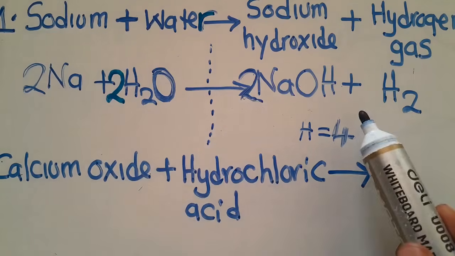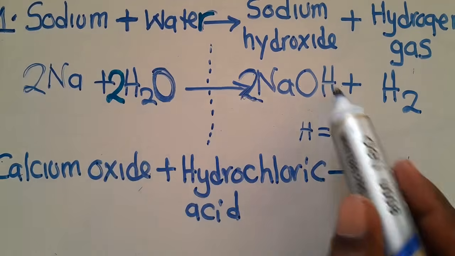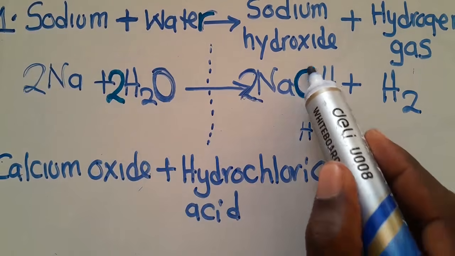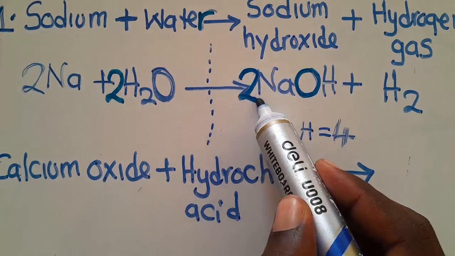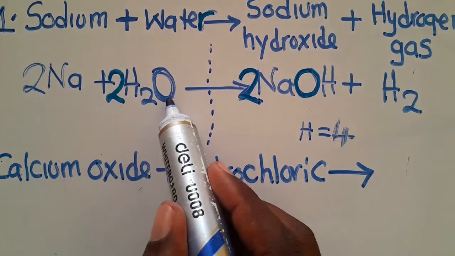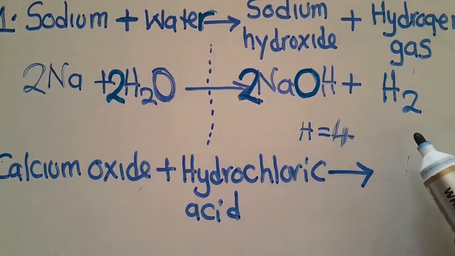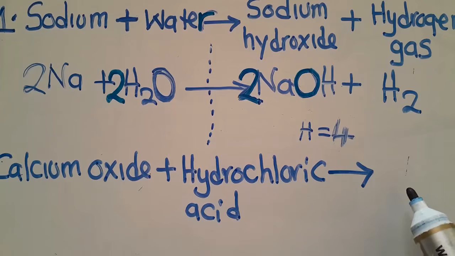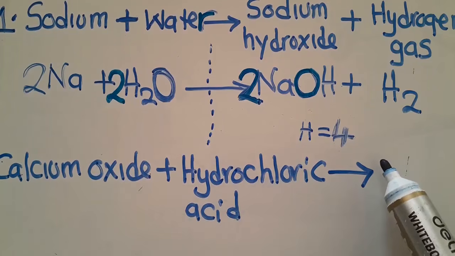This is a balanced chemical equation. If you take oxygen here, it is 2 because of the 2 that is here, and even oxygen on the other side is 2. Meaning this is now a balanced chemical equation. This is how you need to balance it.